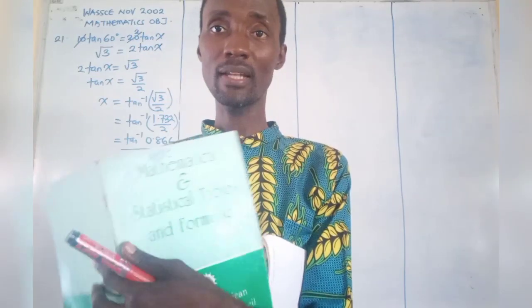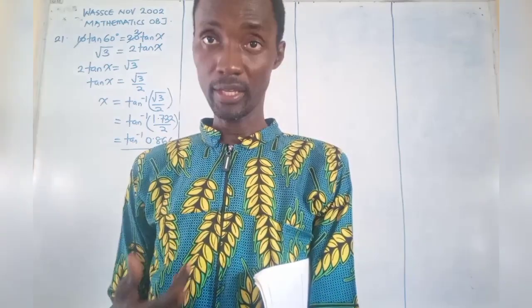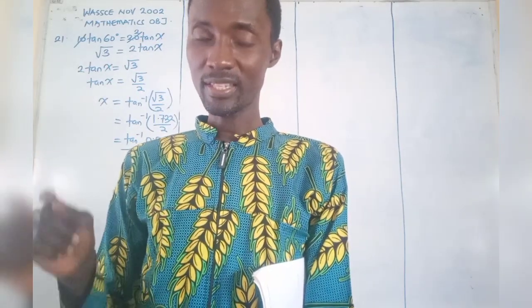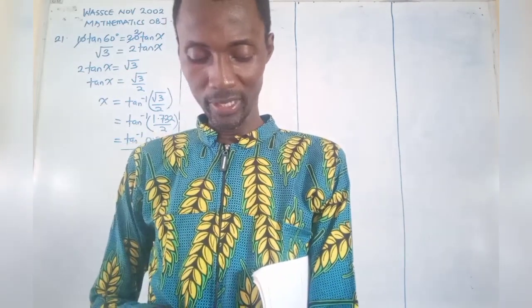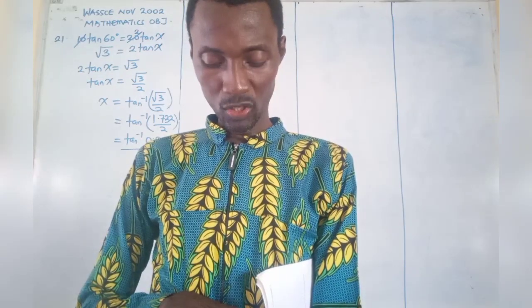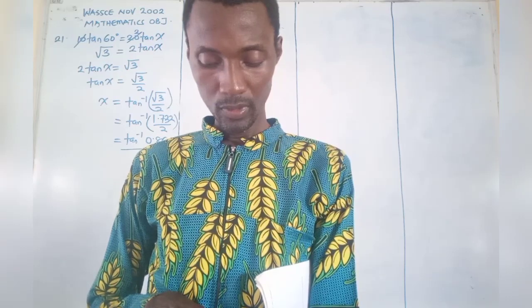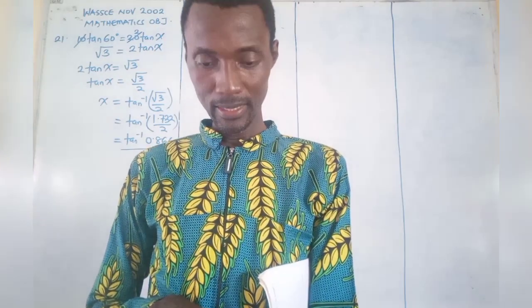If you're using this one, quite an old one though, you go to page 4 in this one. So you look for 0.866 in your 4-figure table. If you check somewhere around that, it's something around 40.